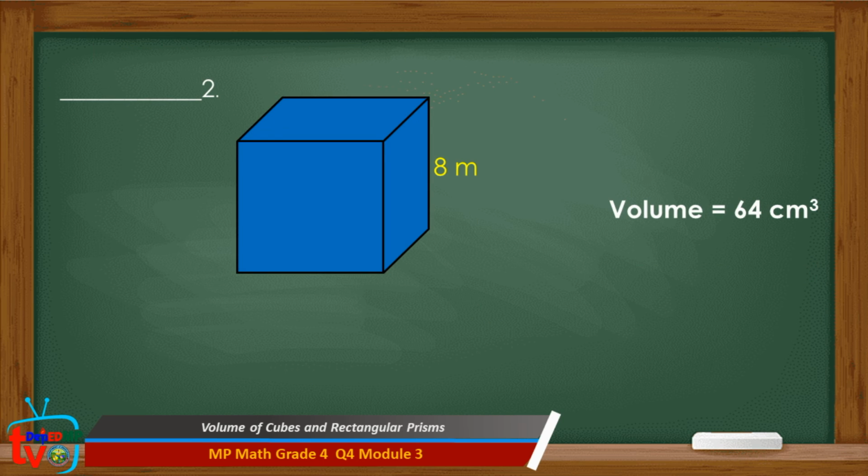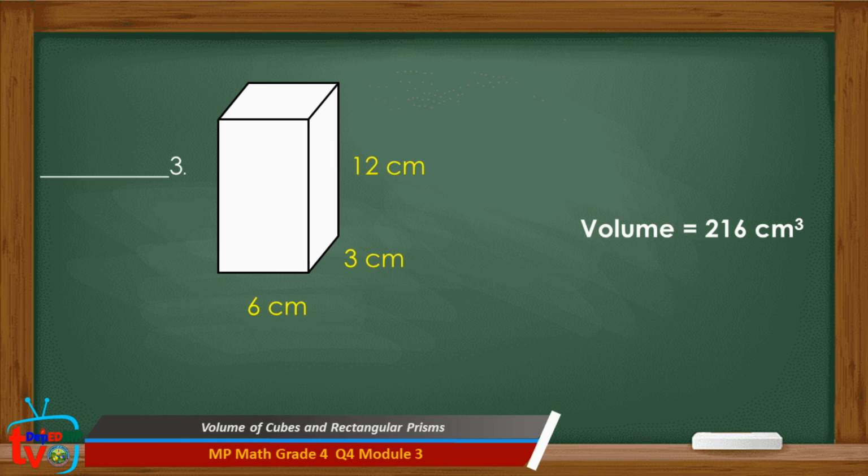Number 2. A cube with a side of 8 meters has a volume of 64 cubic centimeters. Number 3.